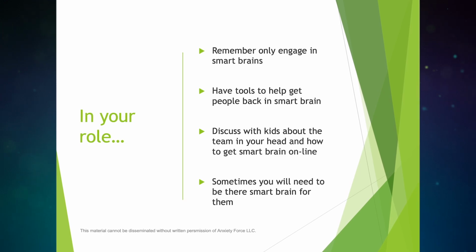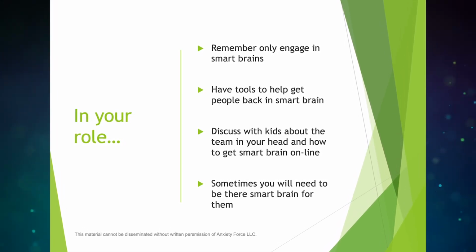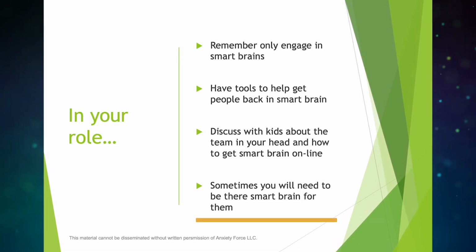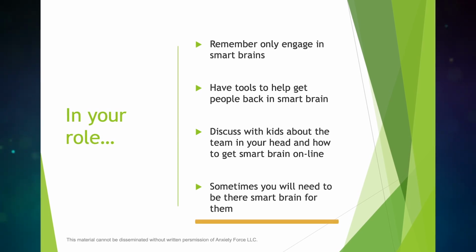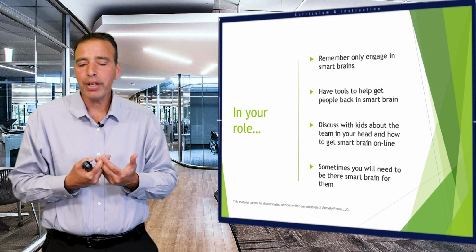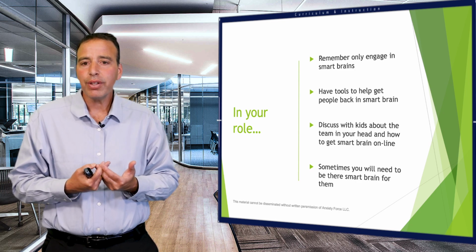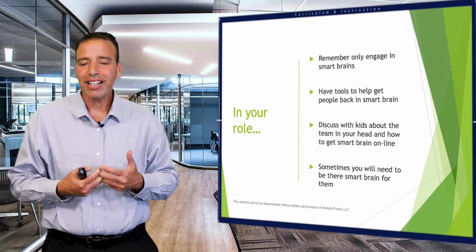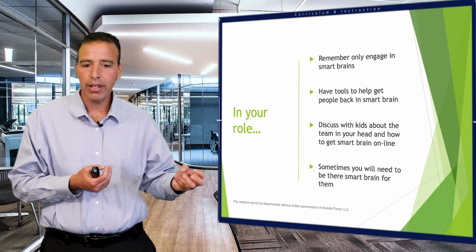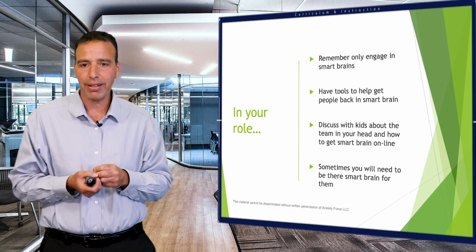And sometimes as a parent, when they're so emotional or upset, you will have to be their smart brain for your child and help label that emotion, but then help walk them through, okay, you're really anxious. We need to breathe right now. We need to do these things to help. And so the guide, but the first step is start with calming skills. Don't jump to conversations until smart brain is online.